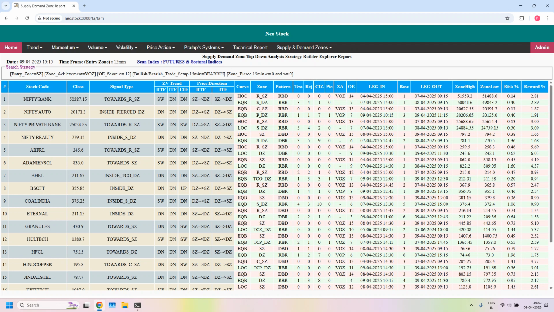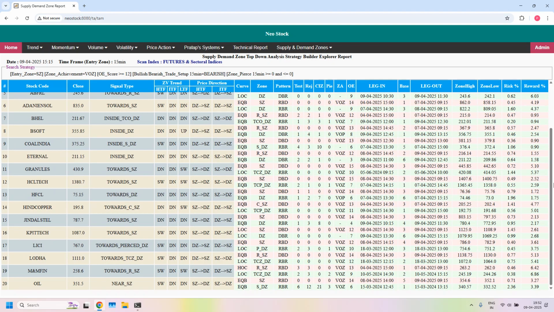I am scrolling the list down. Total 20 stocks are filtered, which are all supporting the bearish trade setup for daily income trade, and the entry time frame zones are 15 minute supply zones, all stocks.